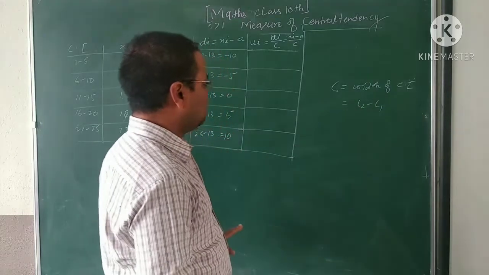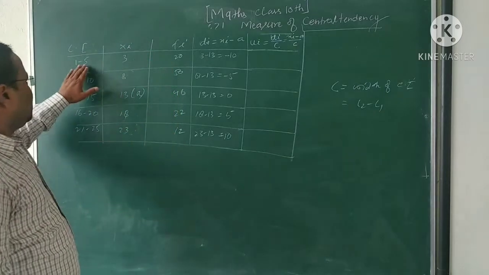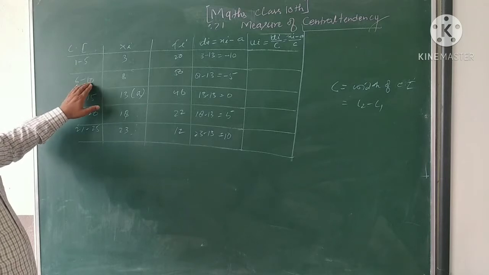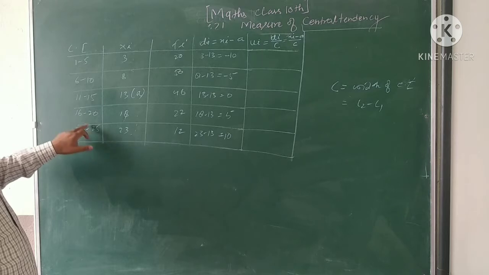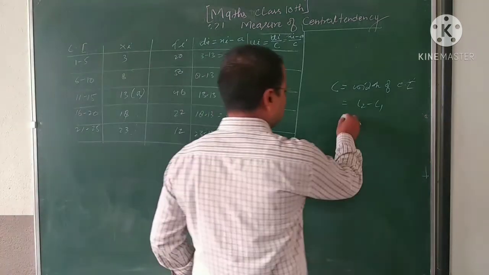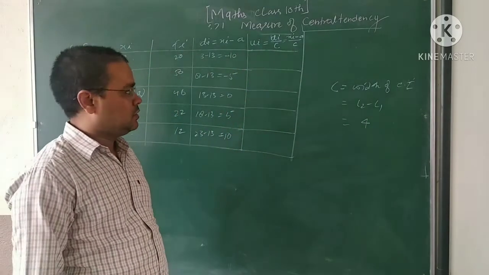And it is the same for all the class intervals. Here L2 minus L1, 5 minus 1 will be 4, 10 minus 6 will be 4, 15 minus 11 is 4, 20 minus 16 is 4, 25 minus 21 is 4. It means here c will be 4.